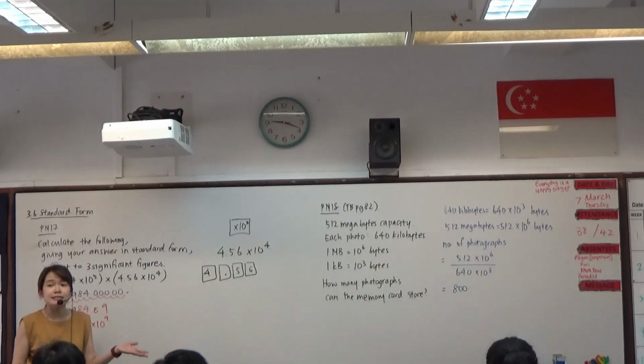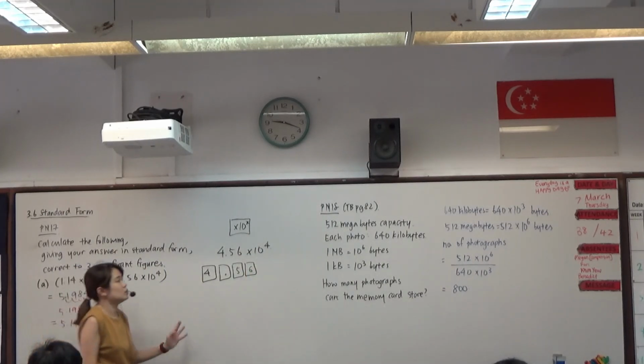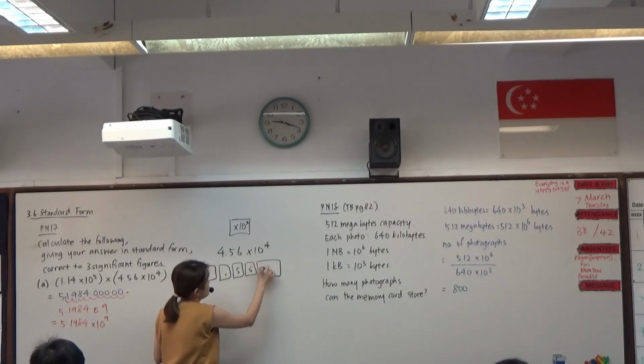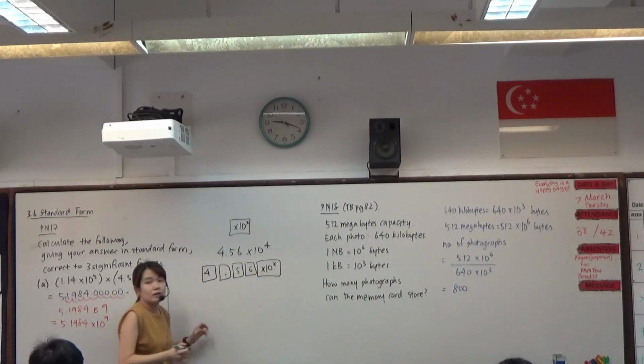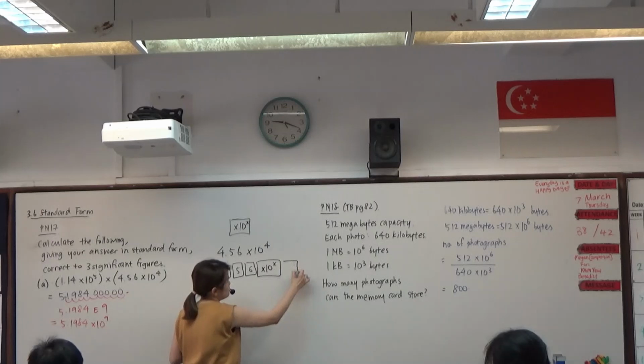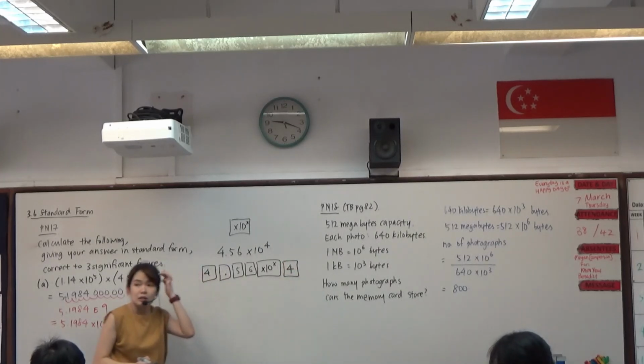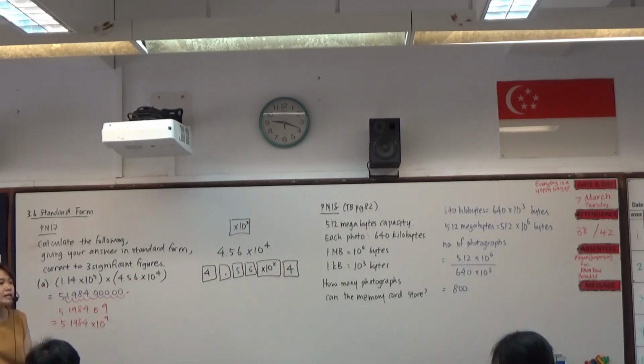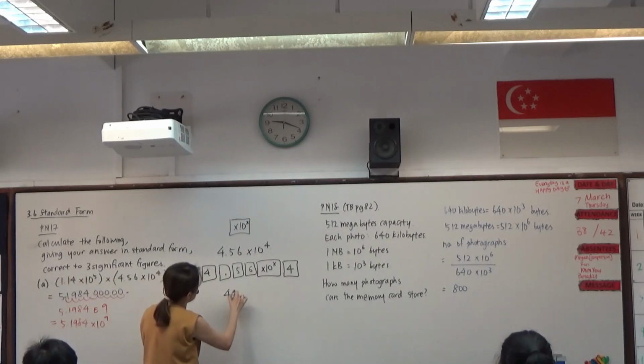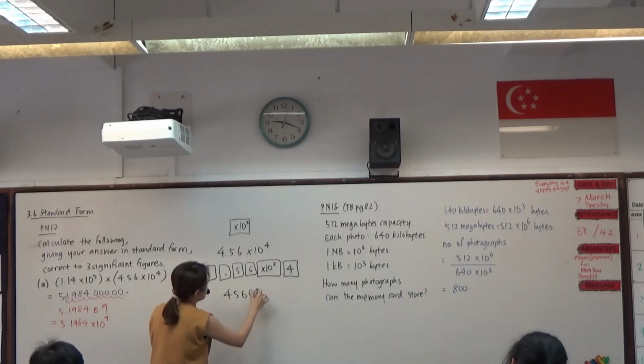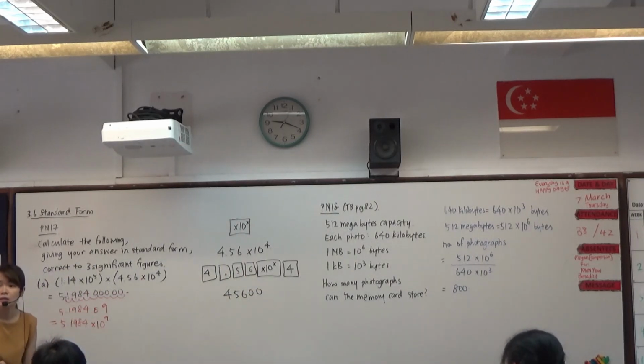You don't have to press times 10. You just press this button and then 4. You can try it. It will give you the value 45600.